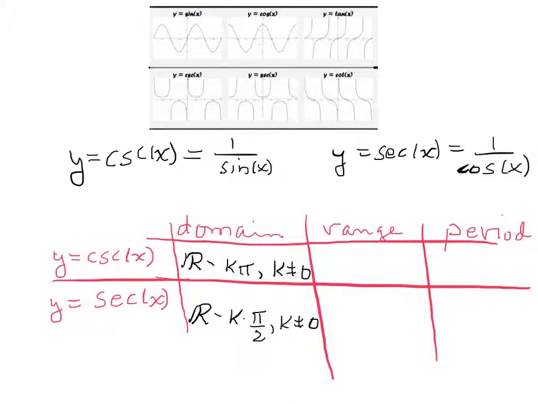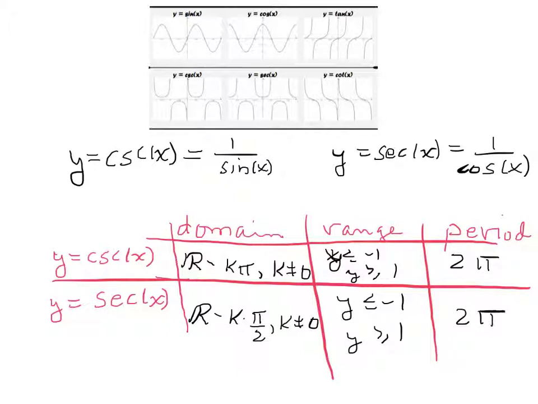The range, how can we write this? y less than or equal to minus 1, y greater than or equal to 1. Same thing here. And the period, again, just by examination, you notice that it takes 2 pi units to go through the full cycle. So each of these has a period of 2 pi.